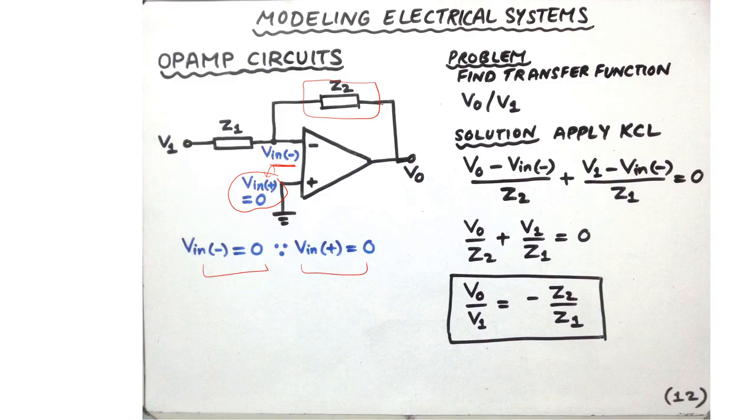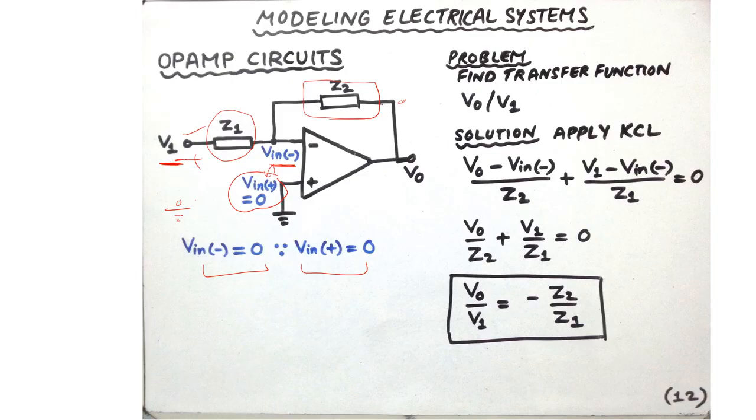And then there's some external voltage V1, with respect to the common ground. So we can say that V1 is a voltage of this point with respect to ground. And there's an impedance Z1 between the terminal at which the voltage V1 is applied and Vin minus. And Z2 provides a negative feedback. It connects the output voltage with Vin negative.